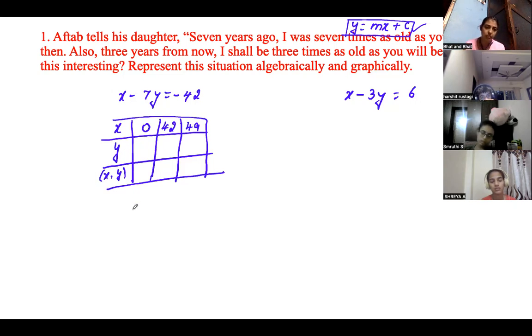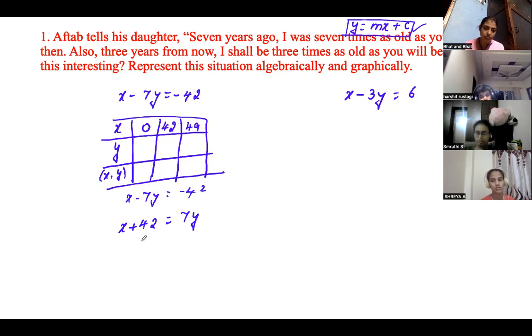So we have here x minus 7y is equal to minus 42. Okay. We will keep y here only and put the x on that side, or put this 42 this side, 7y that side. So it becomes x plus 42 is equal to 7y. Got it?